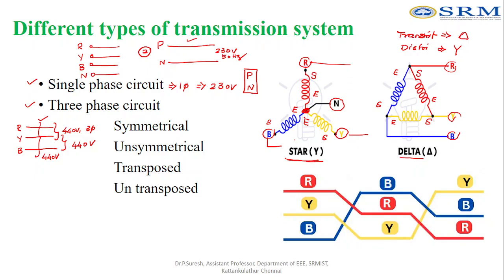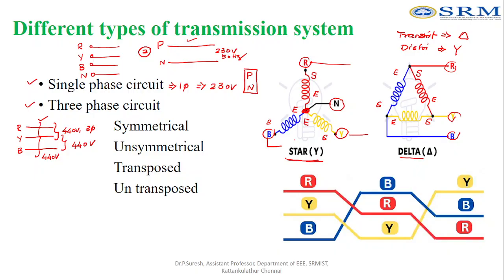So only in a star connected system can I find the neutral, but not in the delta connected system. So the delta connected system is useful for transmitting the power from one place to another, because for just transmitting the power there is no need of the neutral point. That is why we go for the delta connected system.